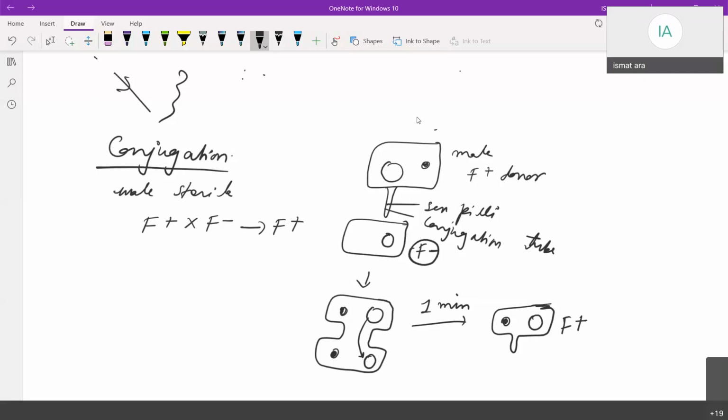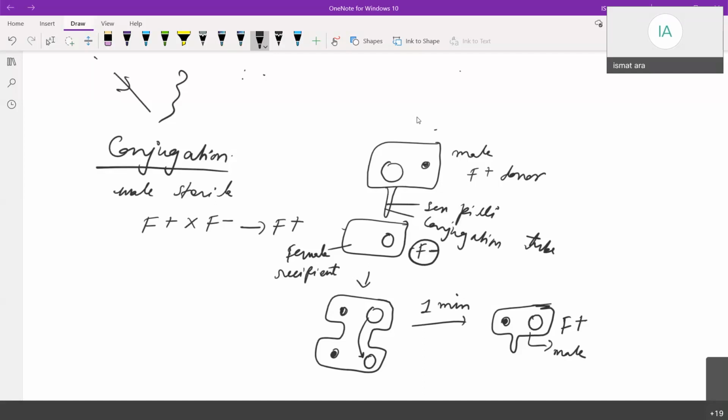Okay, we have started with male donor, and this is actually female, and she is recipient. But due to this transfer of F plasmid, now it becomes male. Because males are F plus and females are F minus. So it is F plus, now it becomes male.